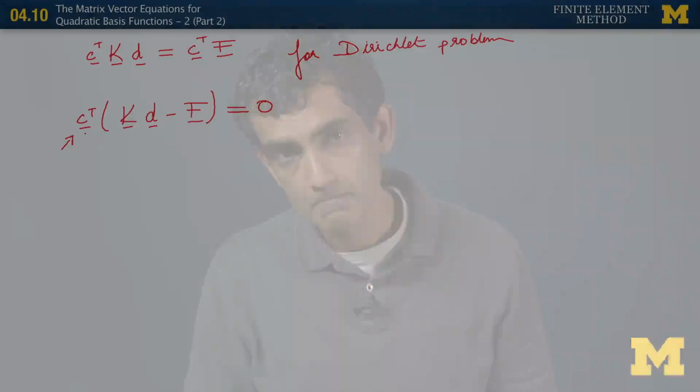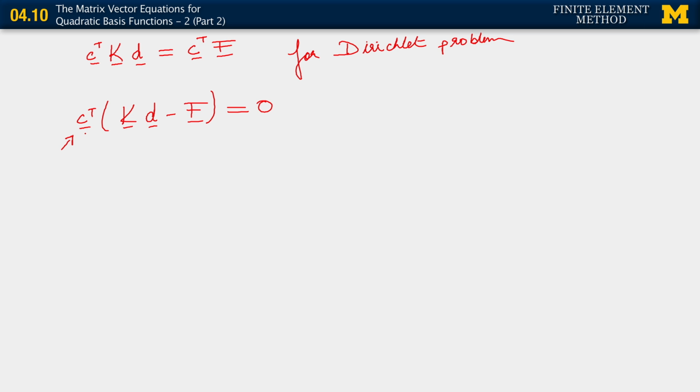So, if our weak form has to hold for all WH, what can we say about this final equation with regard to C? We can say that this equation must hold for all C belonging to R 2NEL.